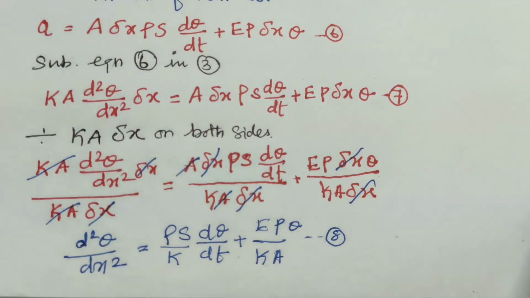The equation 8 represents the differential equation for the flow of heat through the rod.